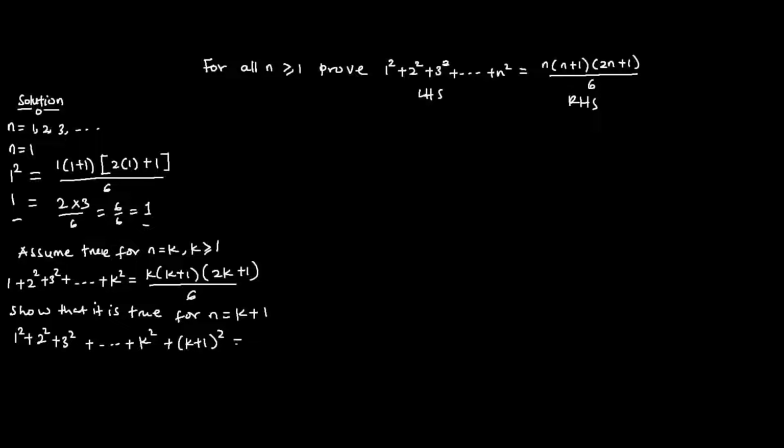Okay, so this will be equal to k plus 1 multiplying k plus 1 plus 1, times 2 into bracket k plus 1 plus 1, all this divided by 6.